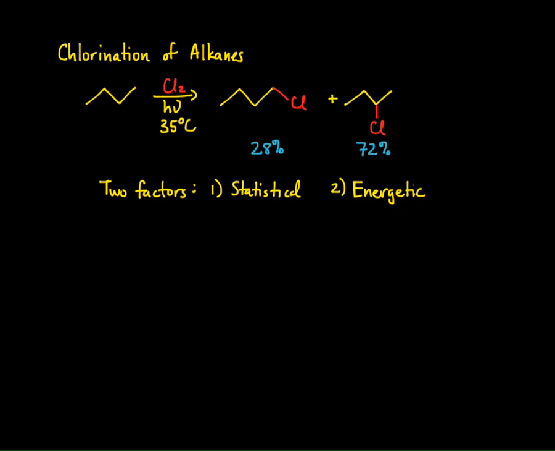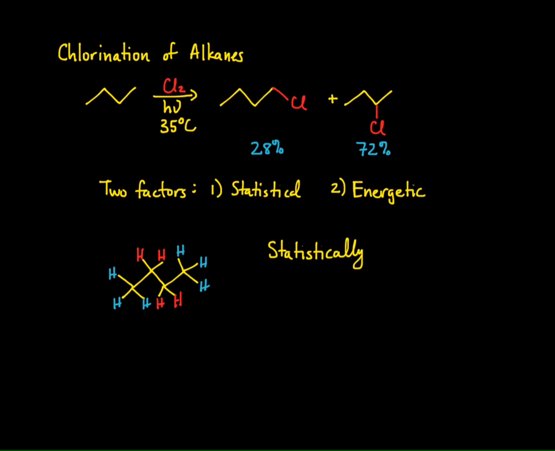Now, it's easy to think about the statistics, and if I draw butane and I draw out all of the carbon-hydrogen bonds, I see that I have two distinct types of carbon-hydrogen bonds. So at the end I have these methyl groups, right? So I have 6 primary hydrogens, and then in the middle I have 4 secondary hydrogens. So I can abstract any of these 6 or any of the 4.